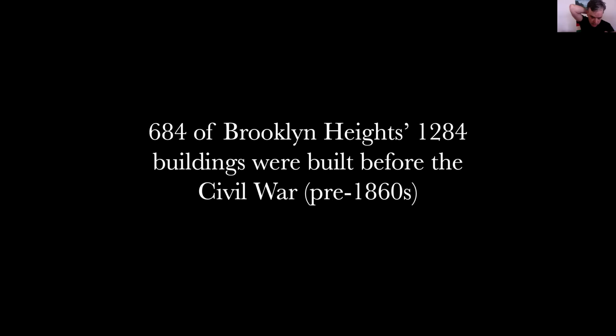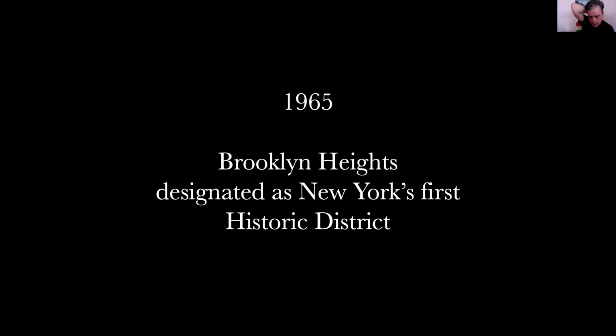There's these layers and layers, this kind of relentless development of the city. So it's kind of extraordinary that even half of the buildings in Brooklyn Heights survived from that era. And that's really why we care about it, because it's a historic district. It is literally a historic district.